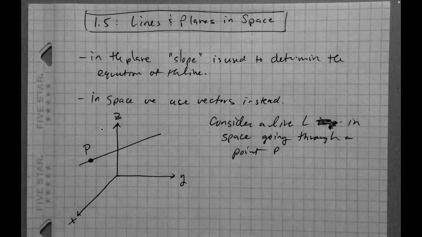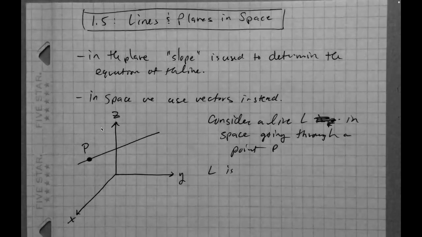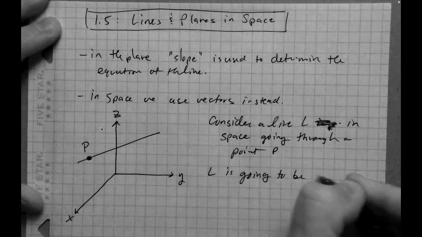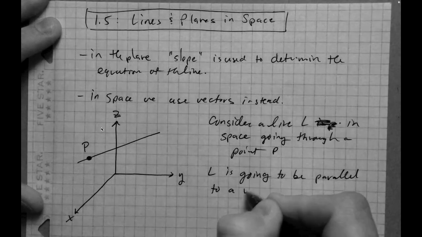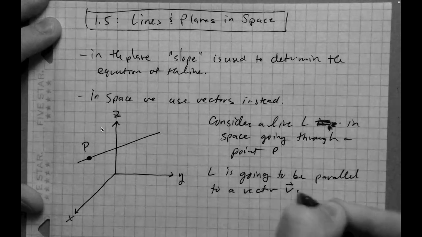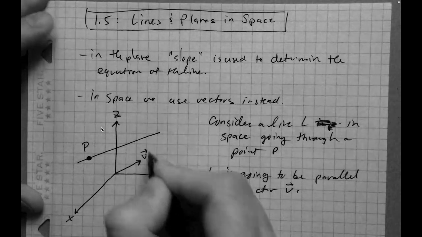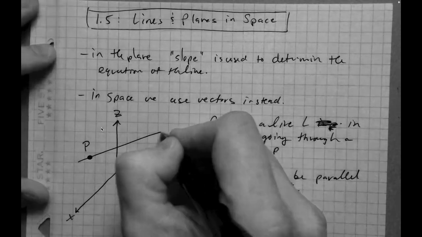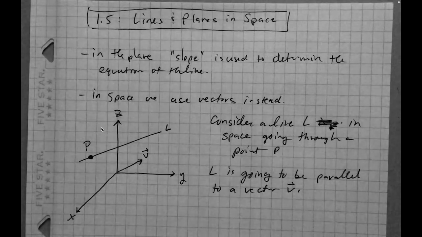Now, this line L is going to be parallel to a vector v. I'm going to draw v in here, and I'm going to try to make it look parallel, but you'll just have to accept that that's meant to be parallel to the line L. So this is the line L. L goes through P and is parallel to v.